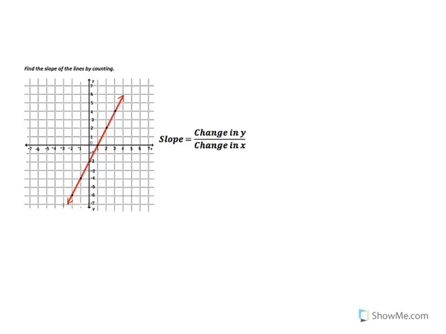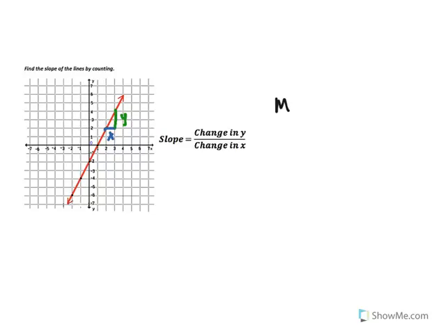Let's try to find some slopes. So on page 16, there is this problem on the bottom. It says, find the slope of the lines by counting. So remember when we found the slope of the stairs? We wanted to find the change in y over the change in x.